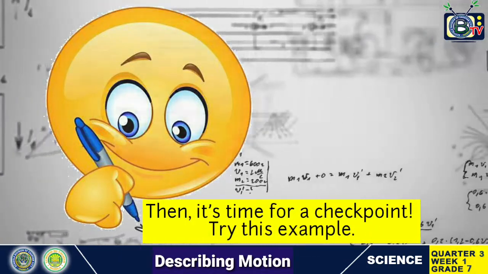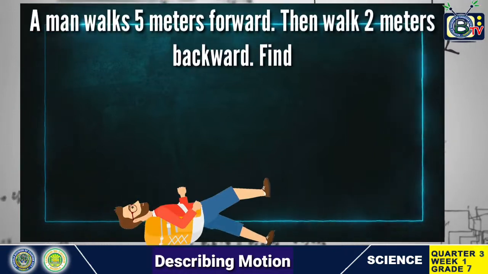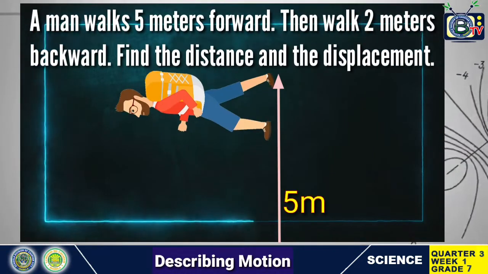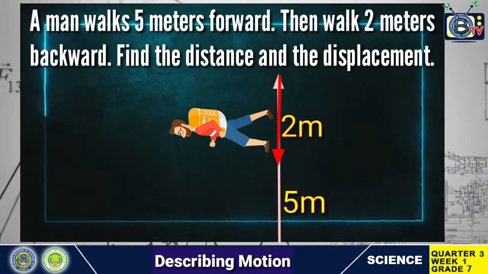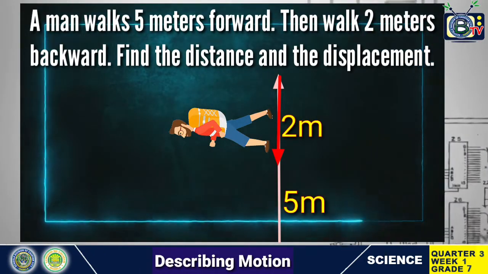Try this example. A man walks 5 meters forward, then walks 2 meters backward. Find the distance and the displacement.